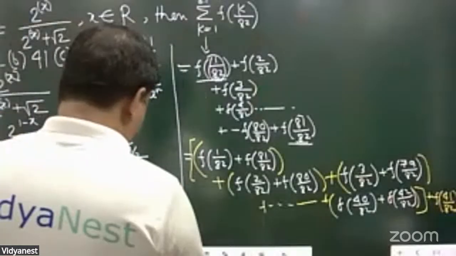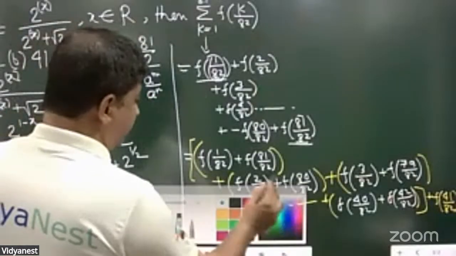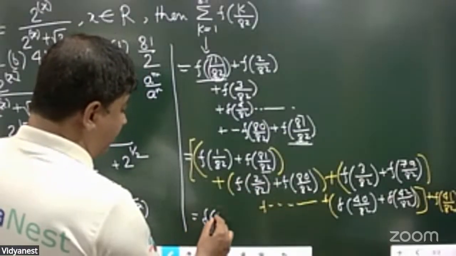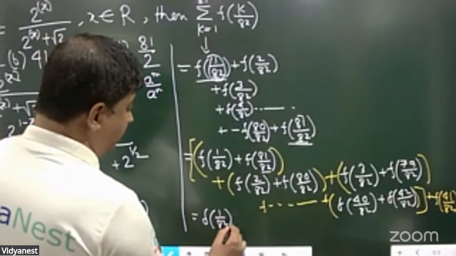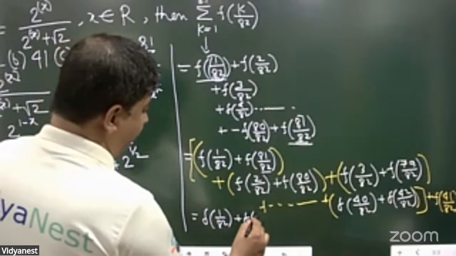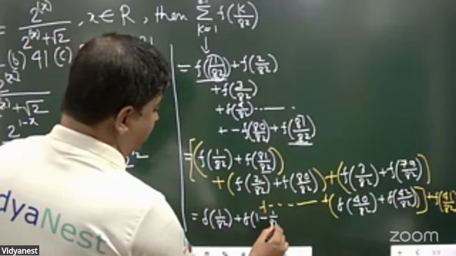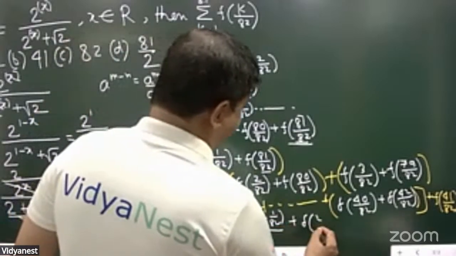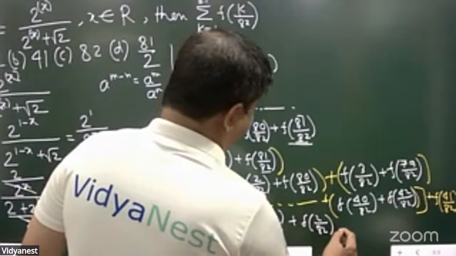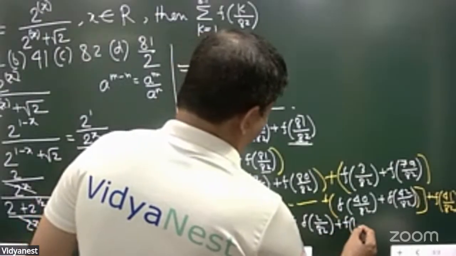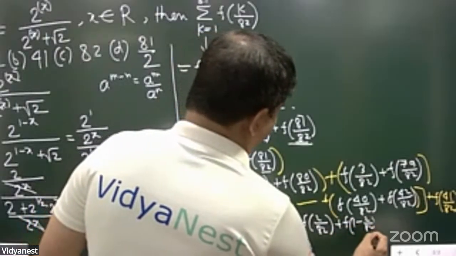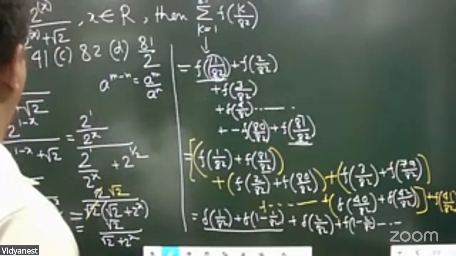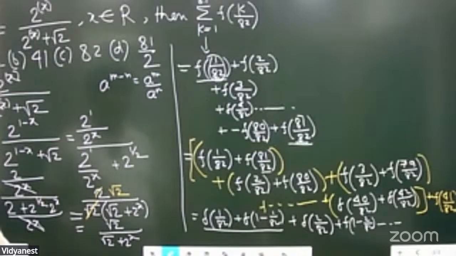Now, instead of this, I can write f(1/82) plus f(1 minus 1/82), plus f(2/82) plus f(1 minus 2/82), dot, dot, dot. Okay? Yes, sir.